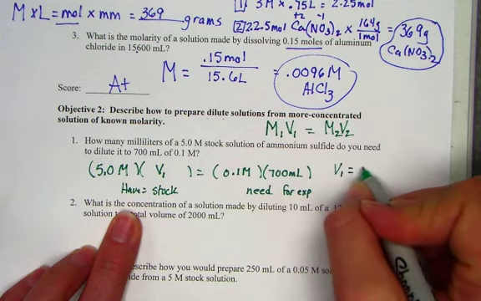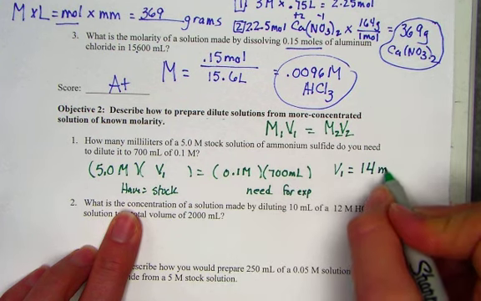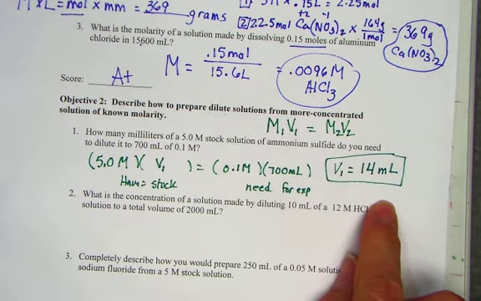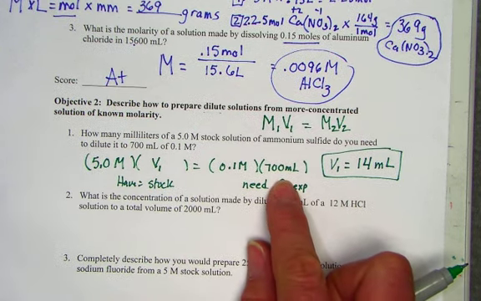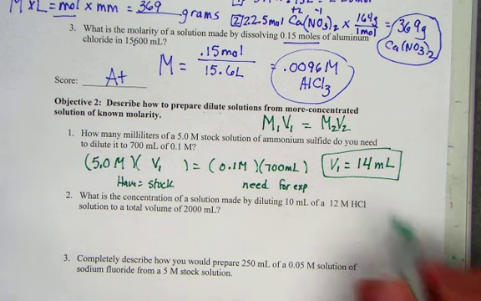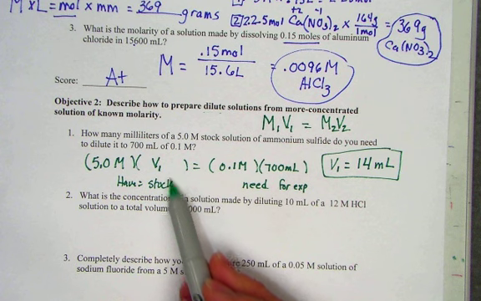The V1 I found is 14, and the unit I placed in was a milli, so a milliliter comes out. We would measure out 14 milliliters of our stock solution, diluted up to the 700 mL mark with water, and now we would have a 0.1 molar solution. Measuring out 14 milliliters of the stock solution is the answer for V1.